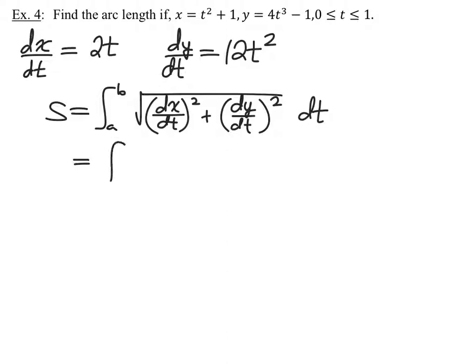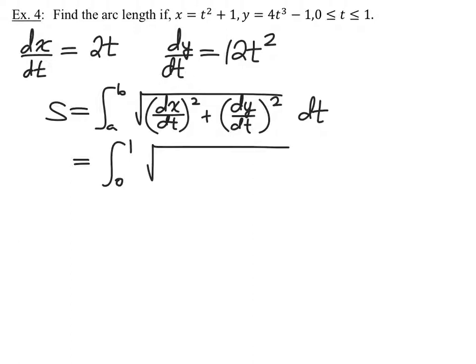So over the interval of 0 to 1, all right, they gave us the restricted bounds. You got to be careful with circular functions, anything that's a closed loop, because sometimes they don't give you the domain, but you have to know, well, it's a circle, so it's got to be between 0 and 2 pi or 0 and pi, depending on the frequency. All right, so just something to be cautious about.